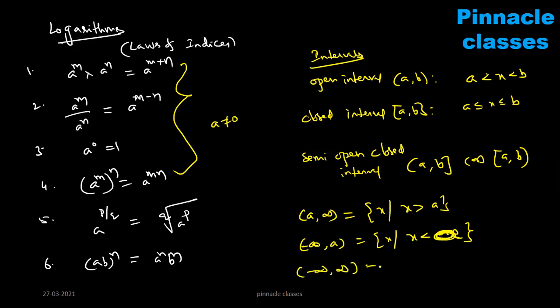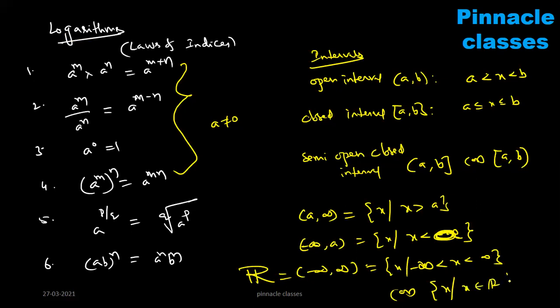What is the meaning here? x such that minus infinity less than x less than infinity. Actually, minus infinity comma infinity, you can write with another symbol. What is that? The set of all real numbers. How to write? x belongs to R. It's very important.